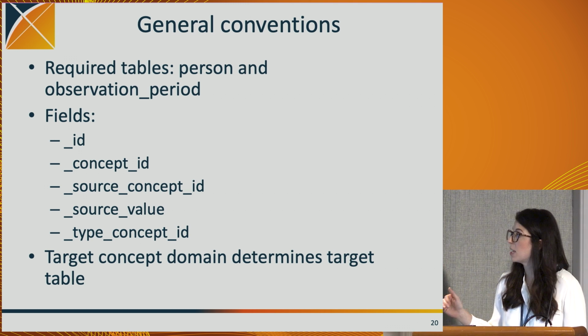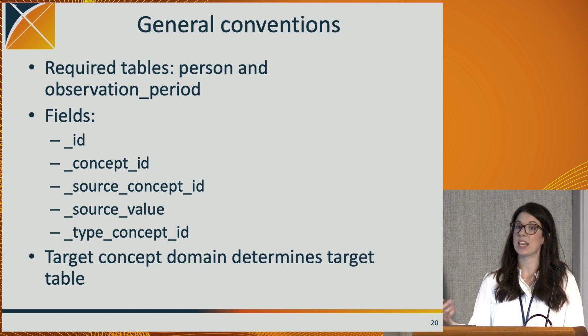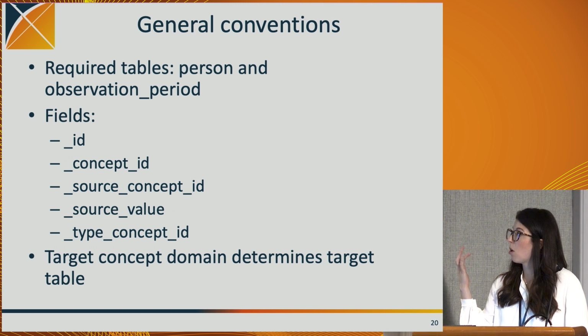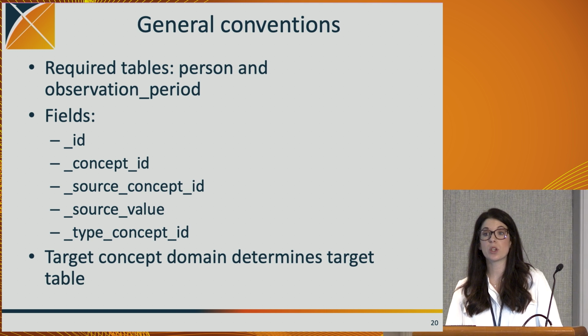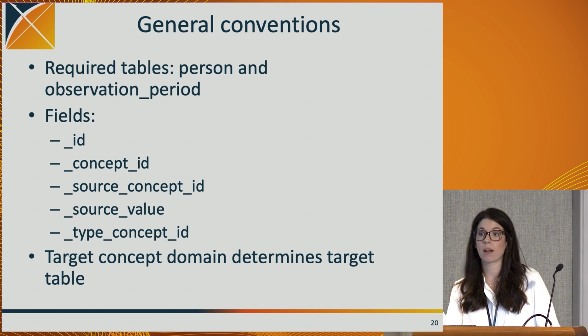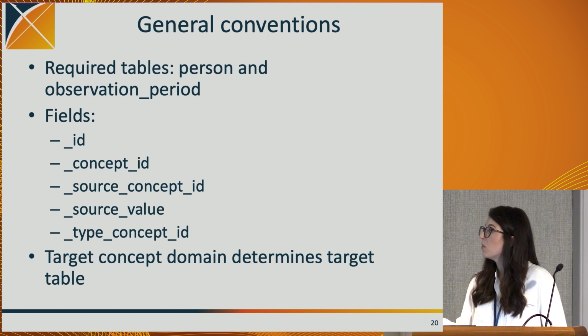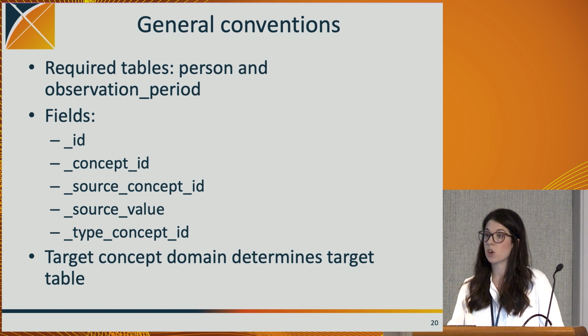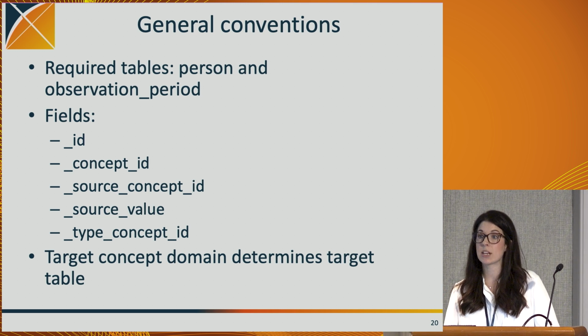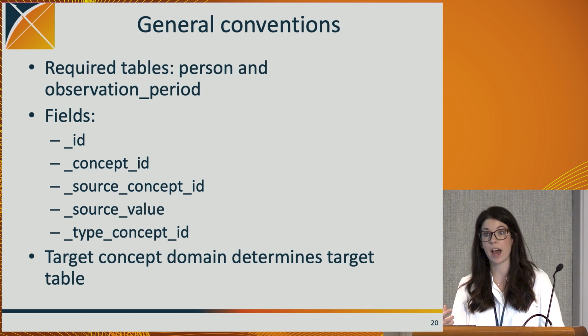And you'll find in every table, we try to make it, again, pretty standardized. So in almost every clinical fact table, you'll find an ID. The ID is really just the unique identifier for that clinical fact. So if it's a condition, it would be the condition occurrence ID. If it's a measurement, it's a measurement ID, and so on and so forth. Then you've got your concept ID, which would be the standard concept representing that clinical fact.